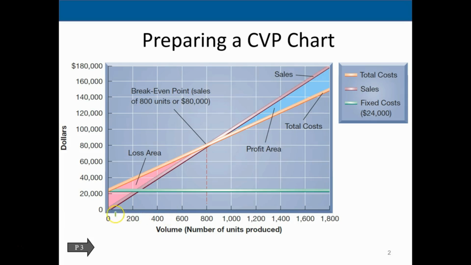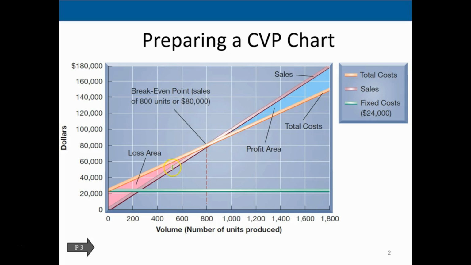If we take a look at the sales on this line, that'll be the red line, then sales is going to go up by a constant amount. That amount will be, of course, the sales price. So if we sell units, then whatever the sales price times the unit will be a constant increase. It's going to be a straight line that goes up forever in that relationship.